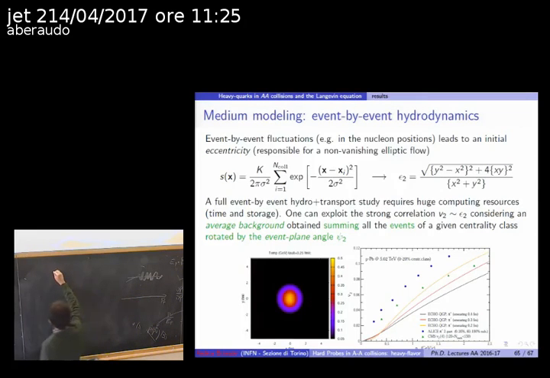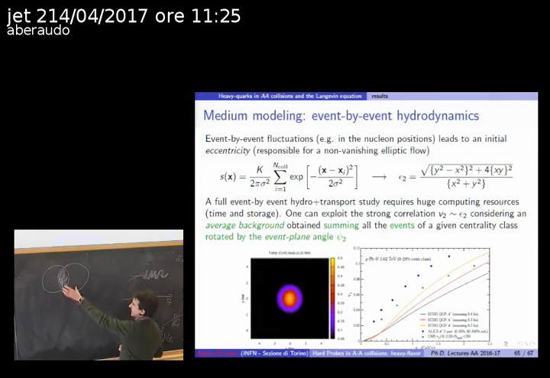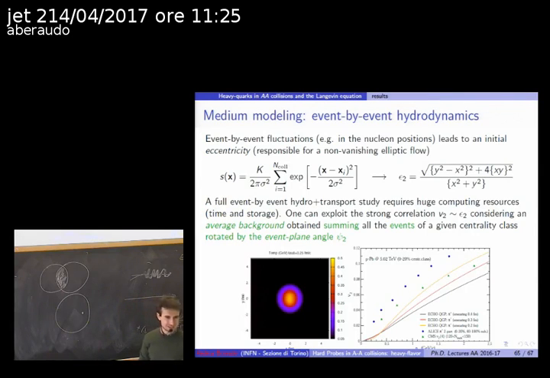While in nucleus-nucleus collisions I can provide a picture based on the Glauber model and say, okay, if this is a cartoon of the transverse plane, I can have some matter in this overlap region, and I can provide a geometric description based on the Glauber model. Clearly, if my projectile is a proton, this geometric interpretation fails.